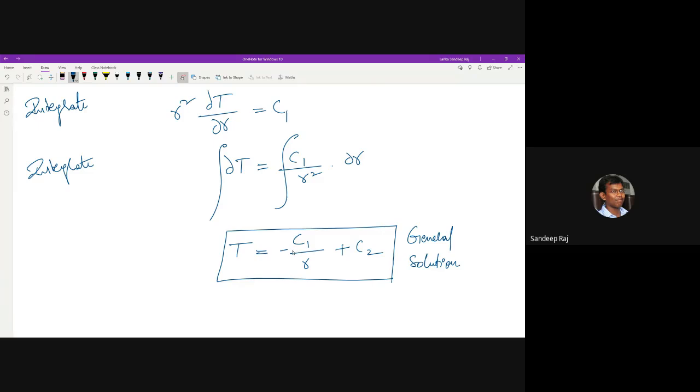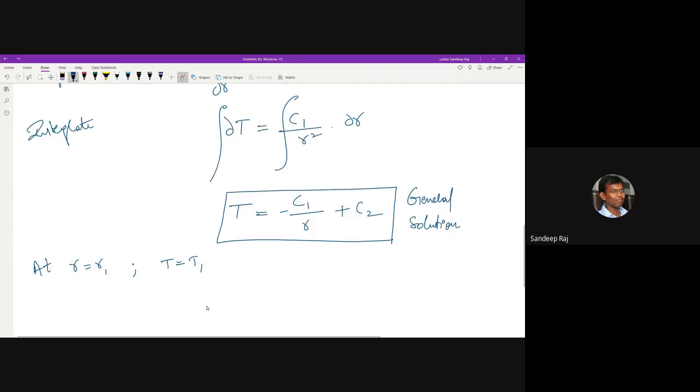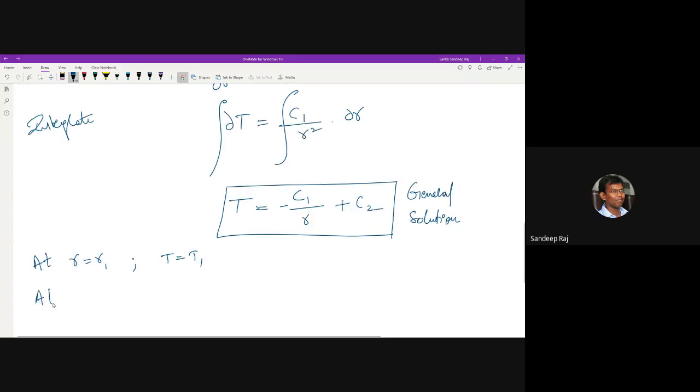So, at r is equal to r1, let me say the temperature is equal to T1, and at r is equal to r2, T is equal to T2. This is the Dirichlet boundary condition, that is the temperature boundary condition. I am applying it at the boundaries, that is radius 1 and radius 2.